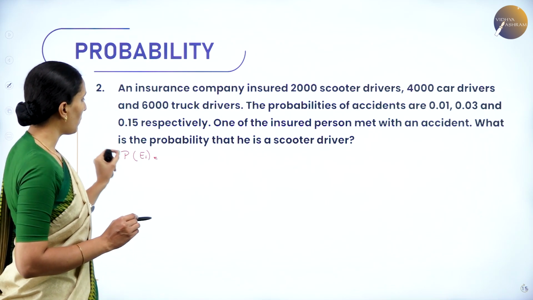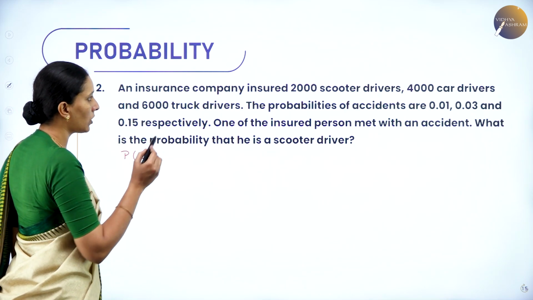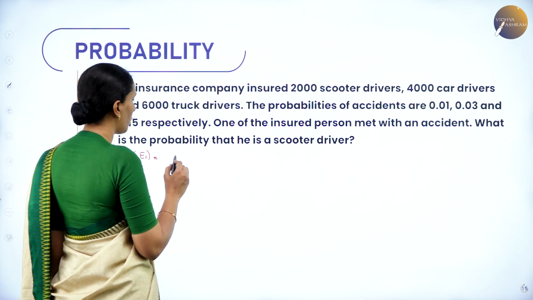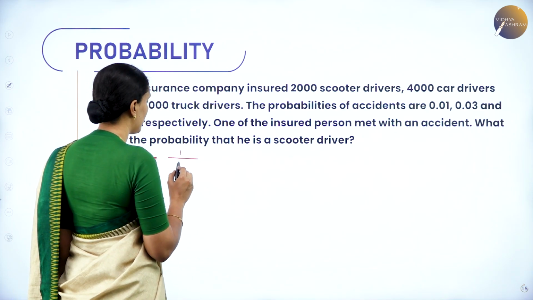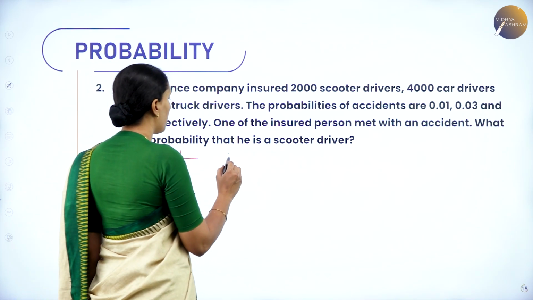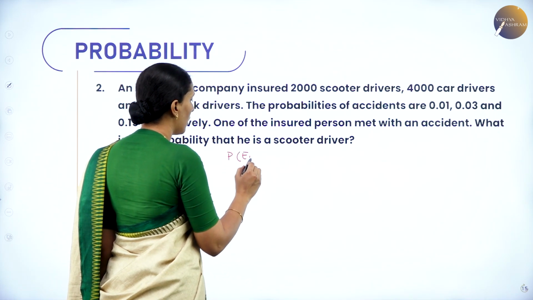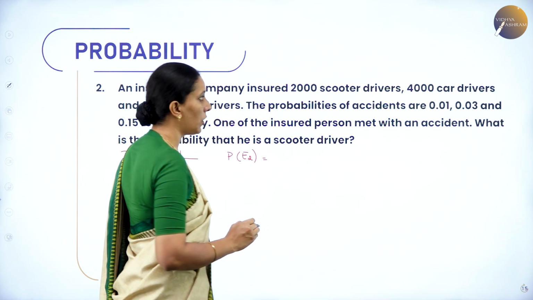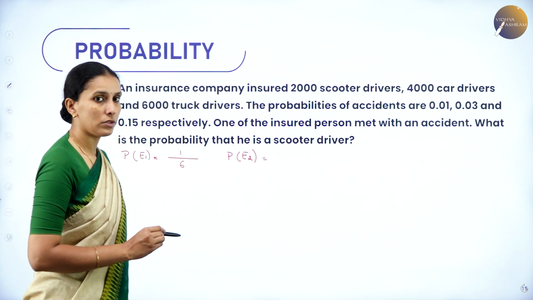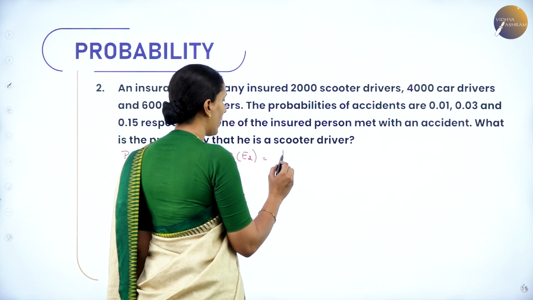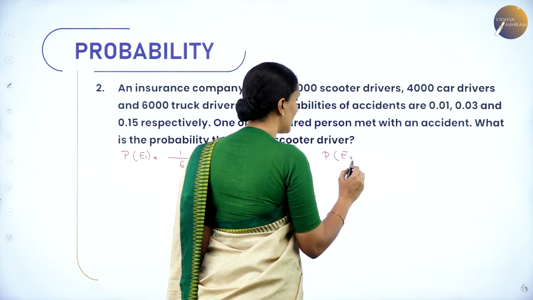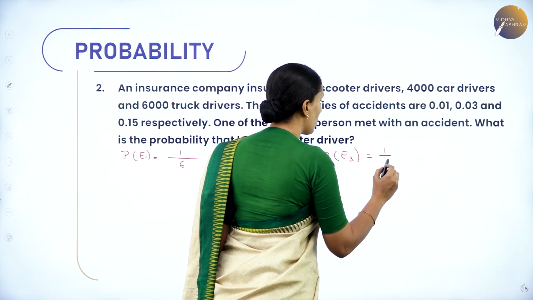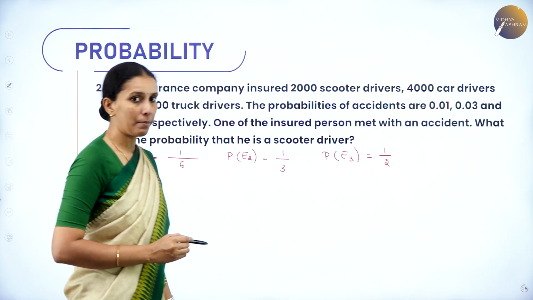So among them, probability of scooter drivers is 2,000 by 12,000, which will be equal to 1 divided by 6. Next, probability of car drivers will be equal to 4,000 by 12,000, which will be equal to 1 by 3. Next, probability of truck drivers, E3, is 6,000 by 12,000, which is 1 by 2.